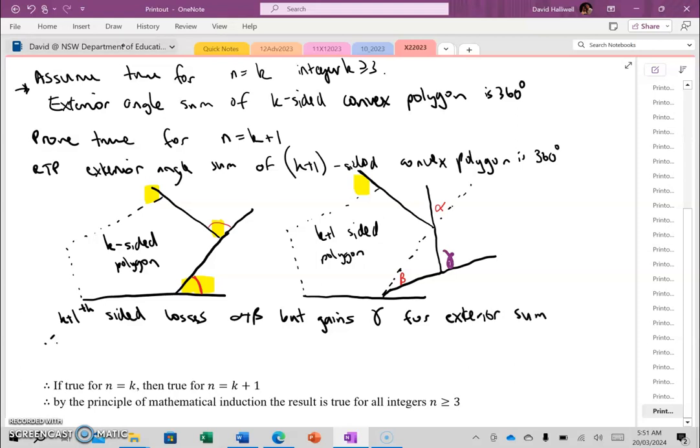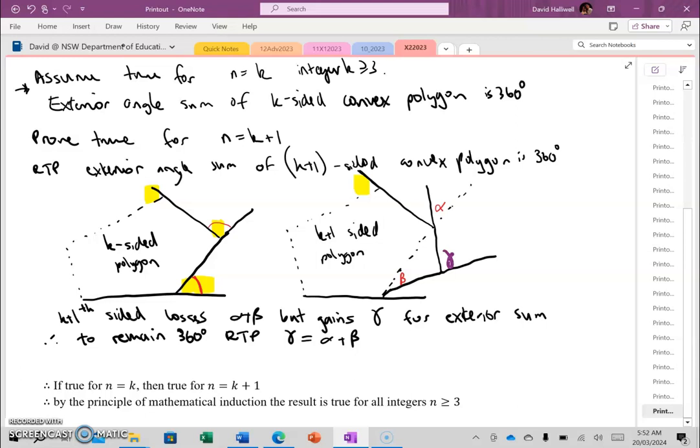So therefore, for the exterior sum to remain 360 degrees, we are required to prove that gamma must equal alpha plus beta. The angles lost should equal the angle gained. Okay, so that now becomes what we're required to prove.